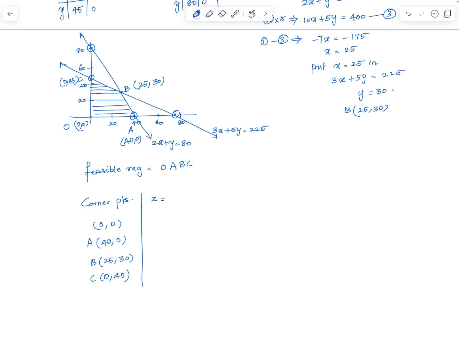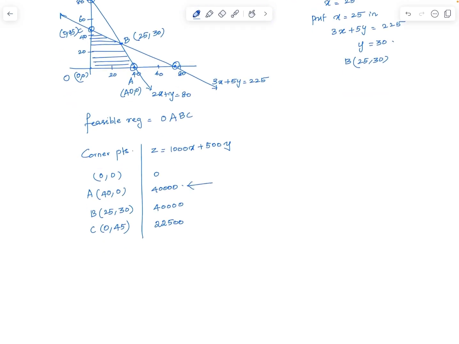The value of Z at these points: for 0 comma 0 we get 0, for 40 comma 0 we get 40,000. For 25, 30, again we get 40,000. And for 0, 45, we get 22,500. We get two maxima, at 40, 0 and at 25, 30.